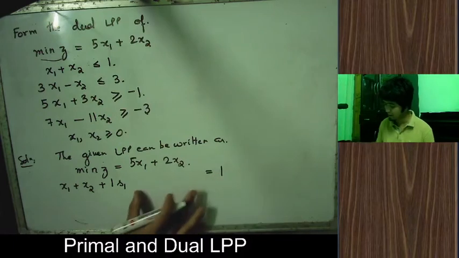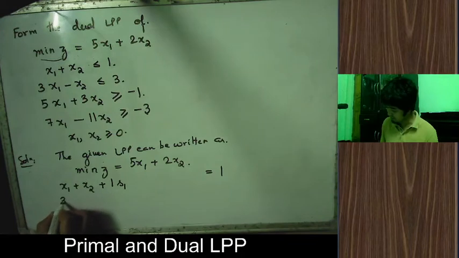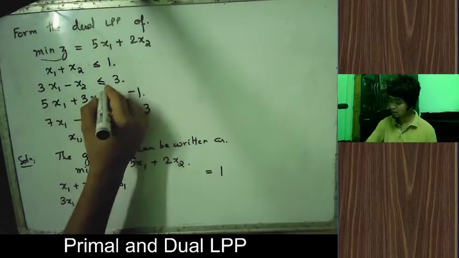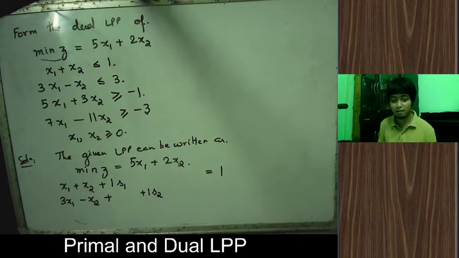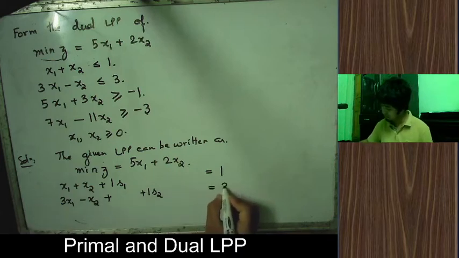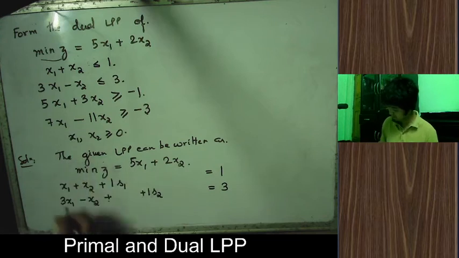I am leaving a space, you will see why. And for this one, it will be 3x1 minus x2. Again, it will be another variable, plus 1s2 equal to 3. Again, I am leaving a space here and here. You will see why.